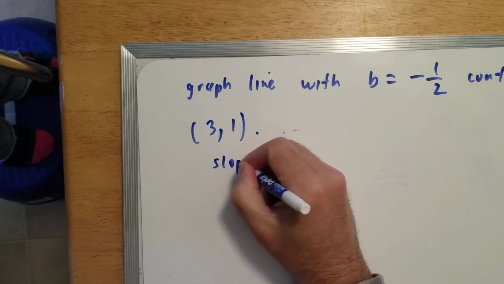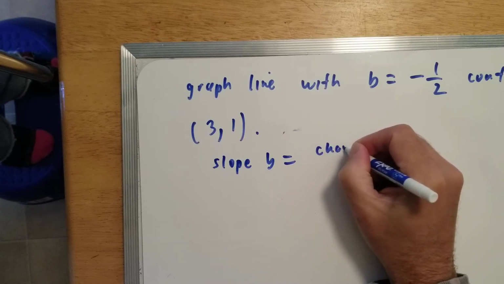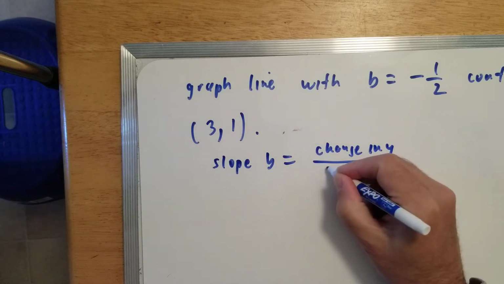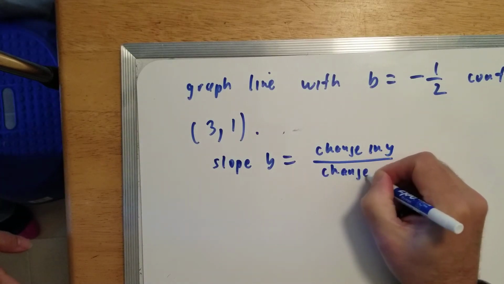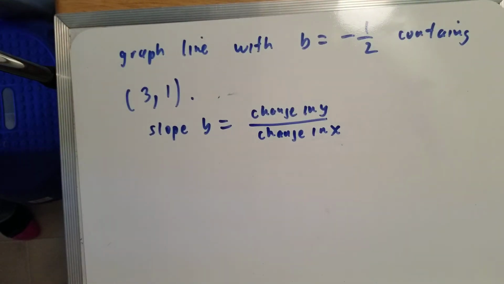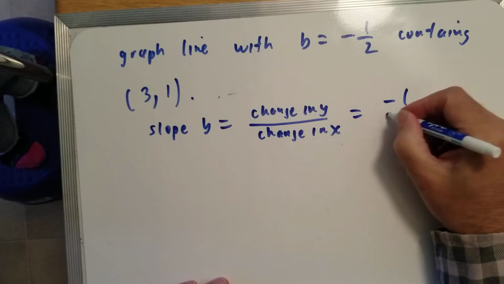The slope m is change in y divided by change in x, which is equal to negative 1 over 2.